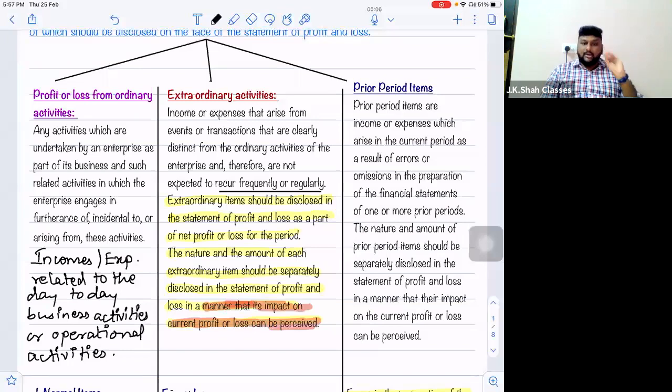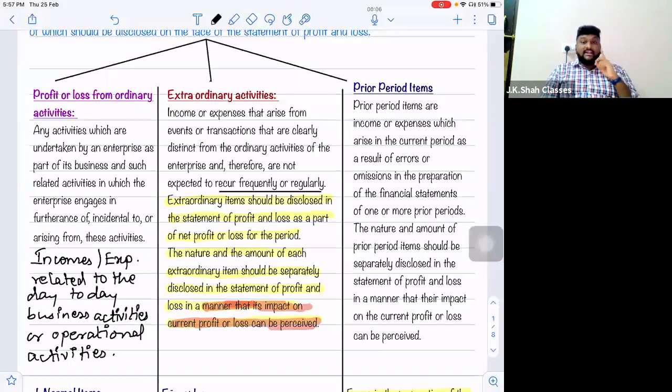They have to be recorded normally in the profit and loss account. Means no separate presentation is required. No separate disclosures are to be given with respect to them. Means in the notes to accounts you need not disclose separately with respect to these items, unless they are exceptional items.